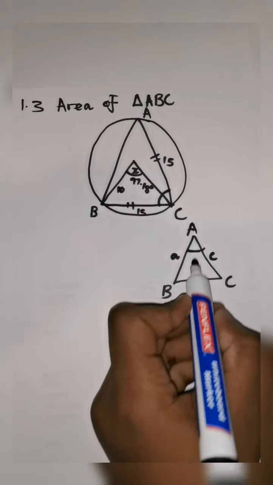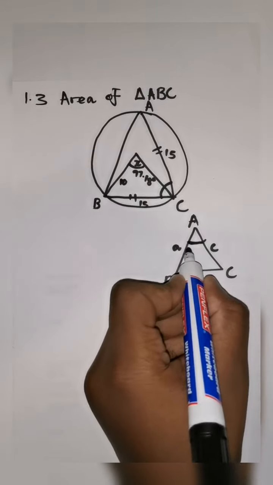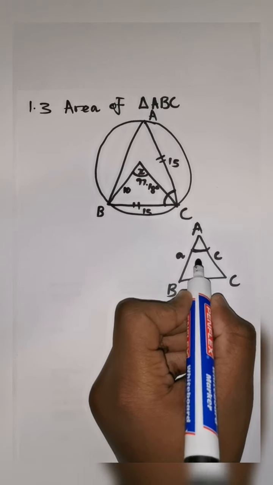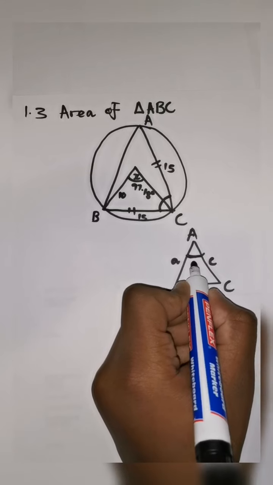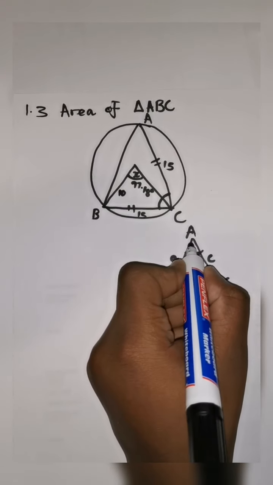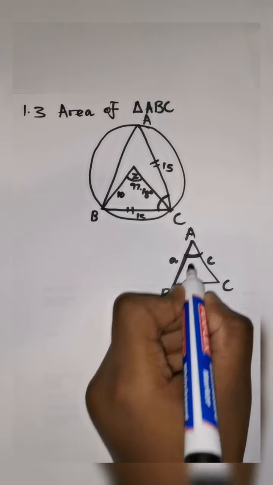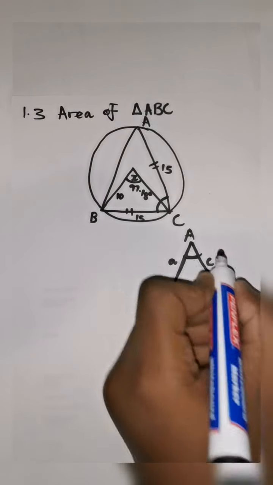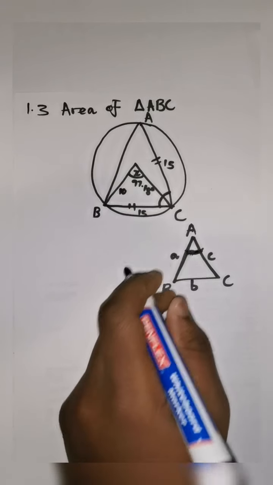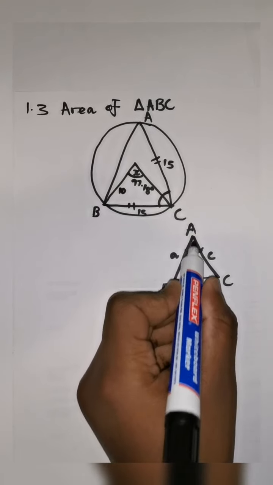To calculate the area, for all the cases, we need to have an angle, say A, and the lengths of two sides radiating from that same angle. So those two sides should actually form that angle.